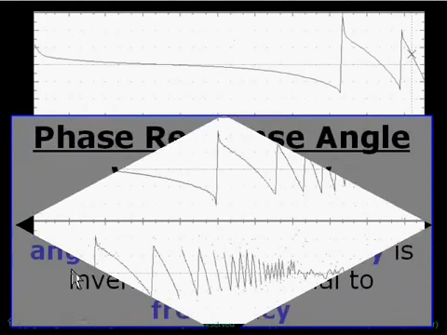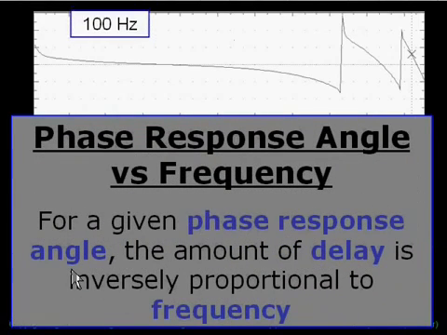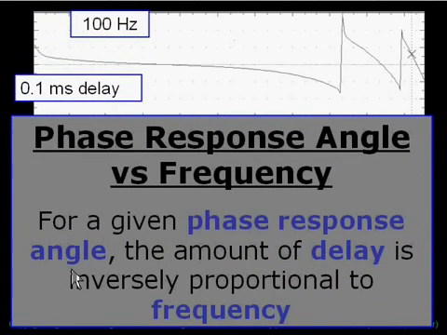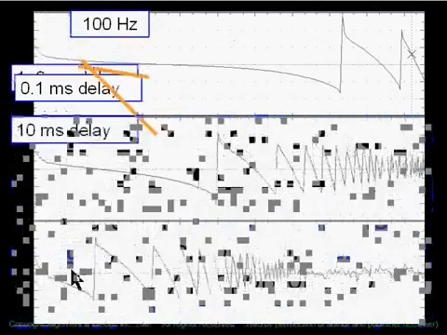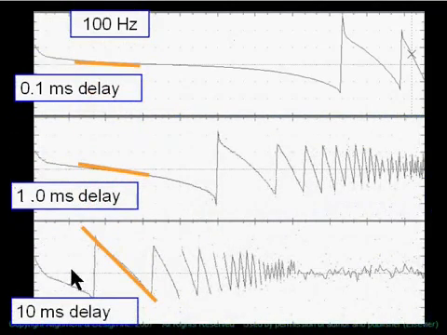Whereas before we looked at a constant slope with different frequencies, now we will look at a constant frequency with differing slopes. The different slopes, of course, are the results of different amounts of delay. Our frequency is 100 hertz, and 10 milliseconds creates the familiar shape of a single wavelength, or 360 degrees.